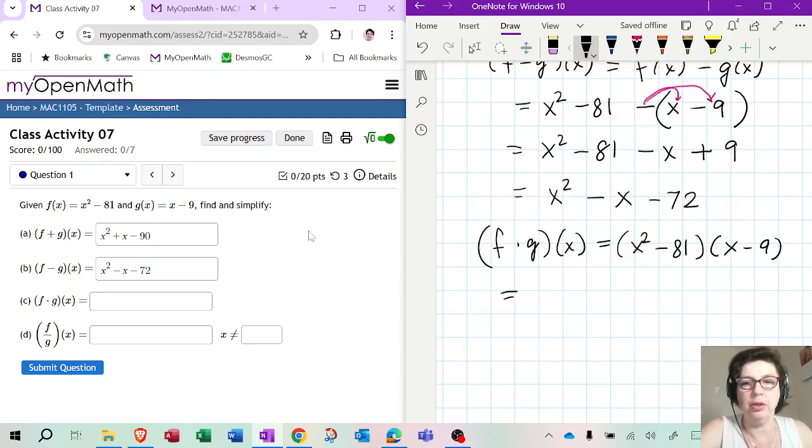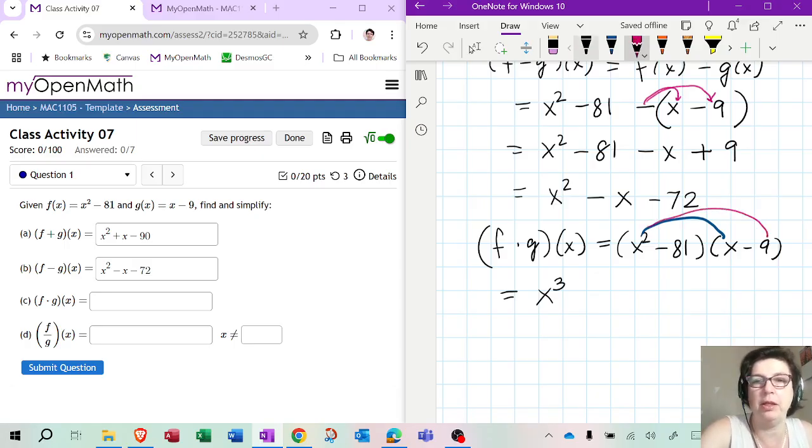First, outer, inner, last. Okay, so let's see if we can do that. So we've got to multiply first. What that does is x squared times x. So remember, x squared is x times x, and then there'll be one extra x, and that's going to become x cubed.